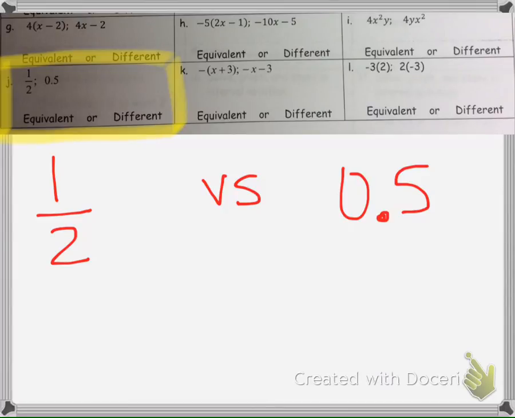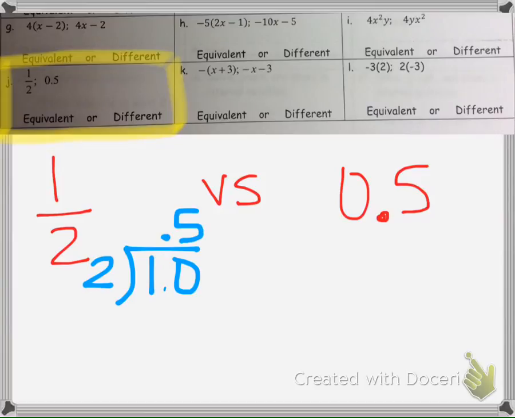Okay, so for letter J we have 1/2 and 0.5. So one way to show that they are equivalent is if we change the fraction to a decimal. So if we do 1 divided by 2, it gets us 0.5. So they are indeed equivalent.